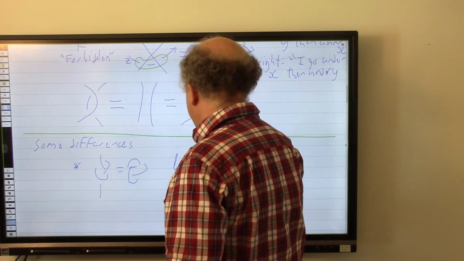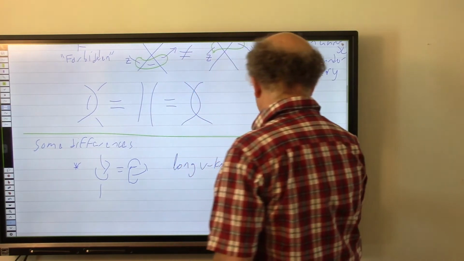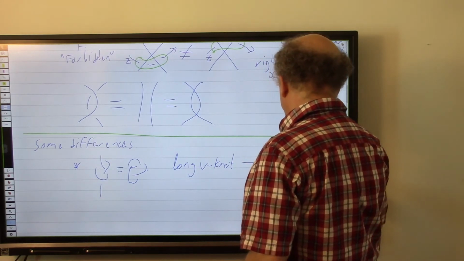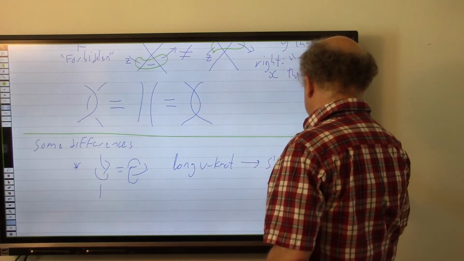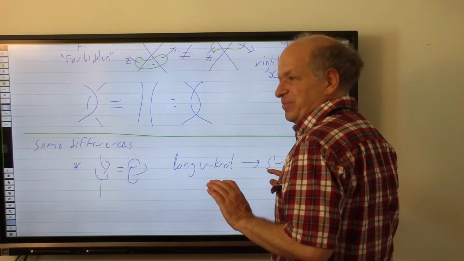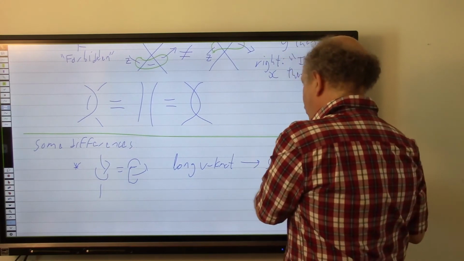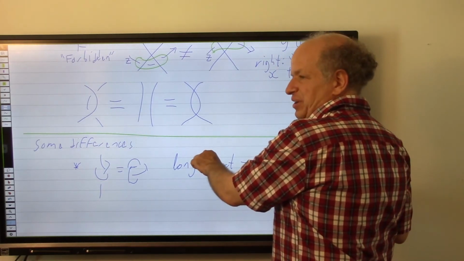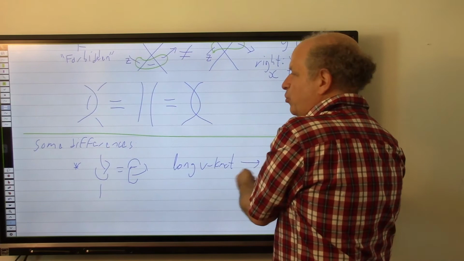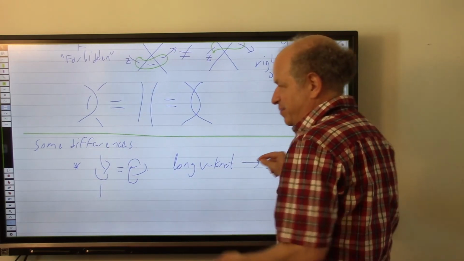There is a map from long virtual knots into S1 virtual knots. This map exists, but it's not an equivalence. There is no opening up map, because the different ways of opening do not give you equivalent results.